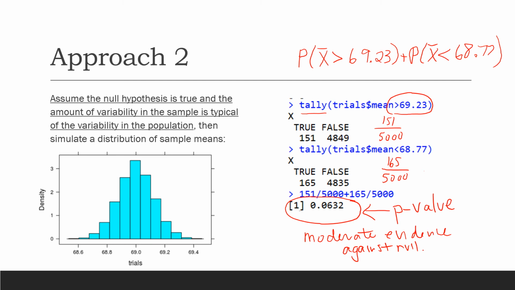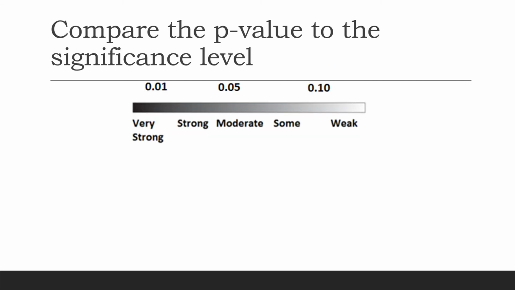Now with formal hypothesis testing, once we've calculated our p-value, we often will compare the p-value to a significance level to determine if the results are statistically significant. Now remember that smaller p-values give stronger evidence against the null hypothesis, and larger ones give weak evidence against the null hypothesis.